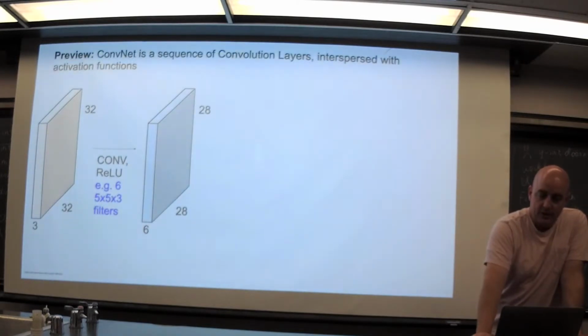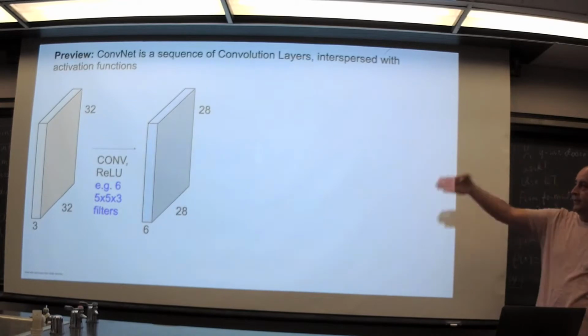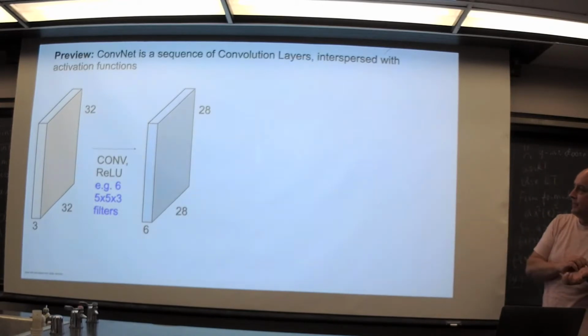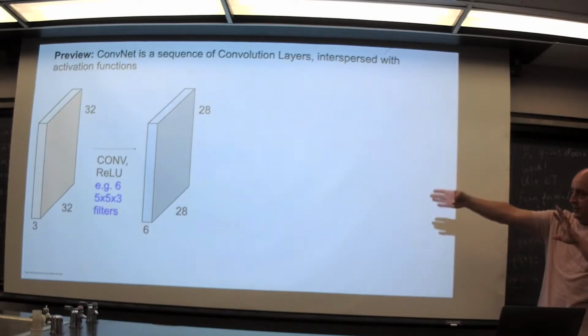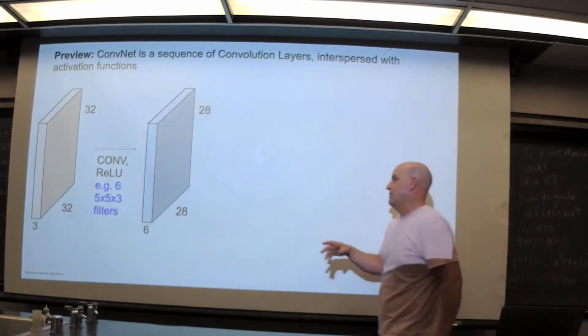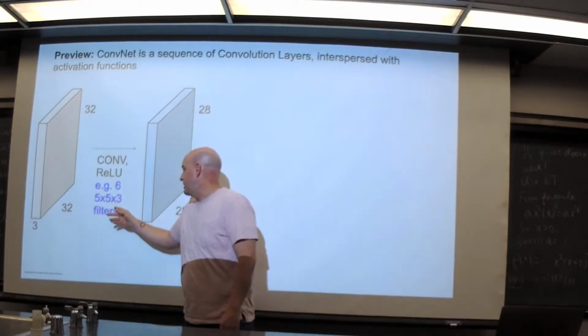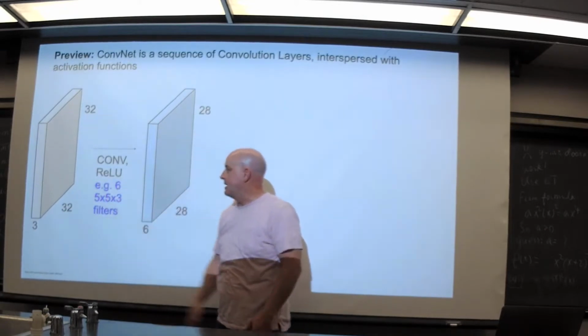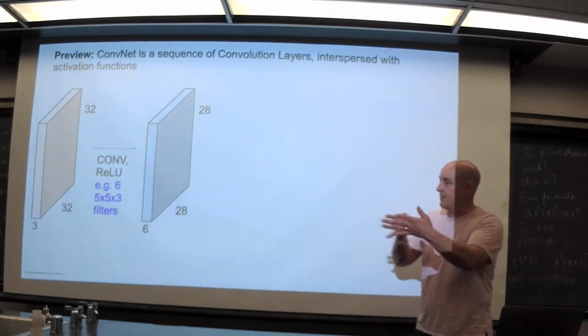Okay, so what do these things look like? We have this input, these CIFAR inputs, that are 32 by 32 by 3. If our first convolutional layer has 6 5 by 5 filters, we often just drop the depth number when we're talking about this because we just expect the filter to be as deep as the depth of the input.